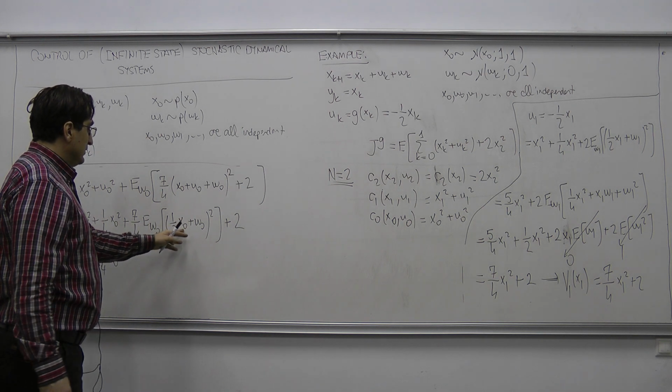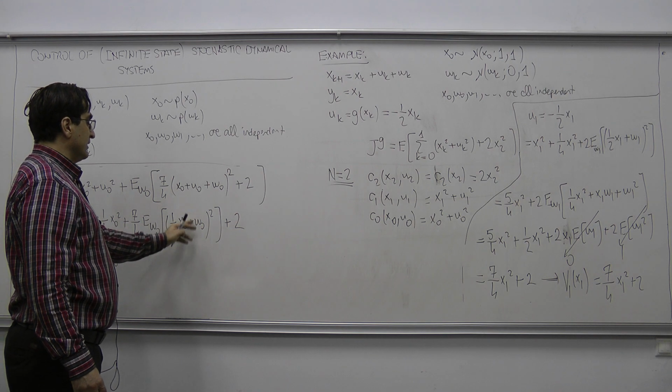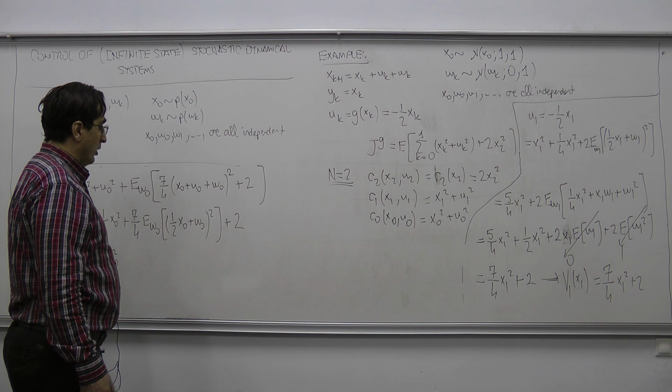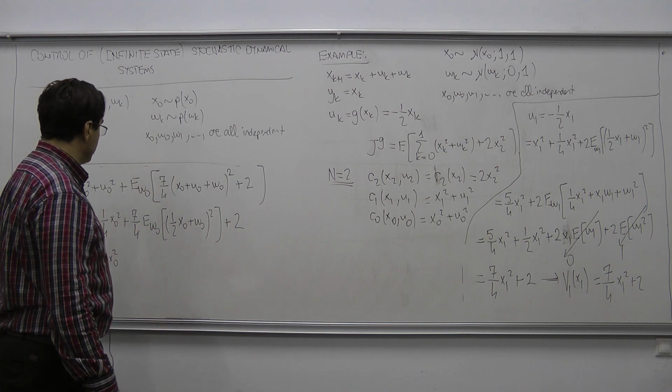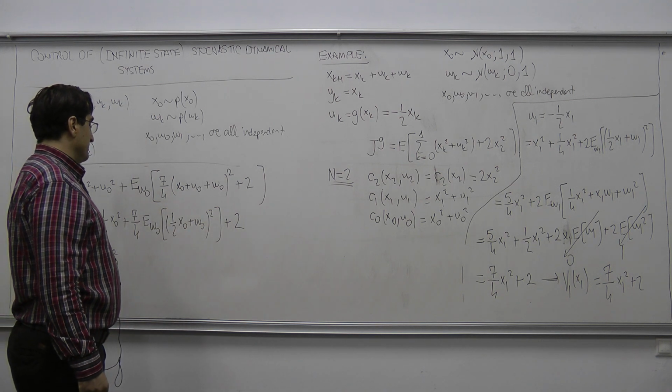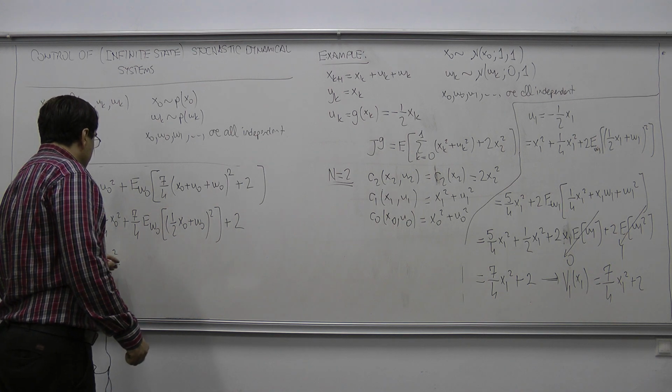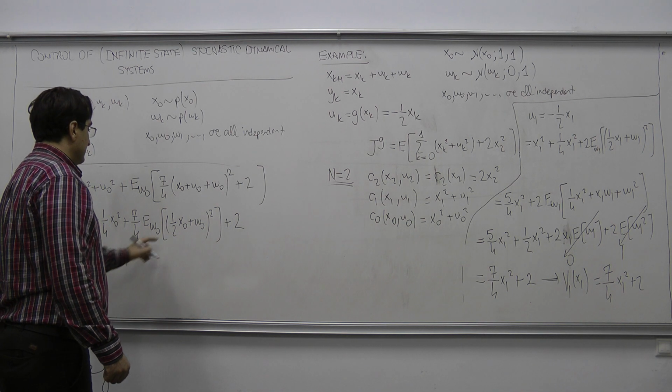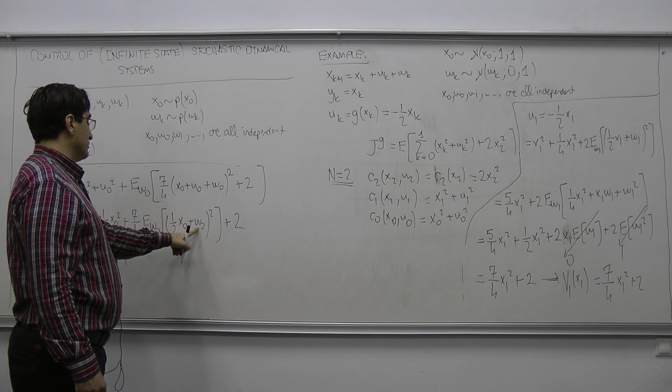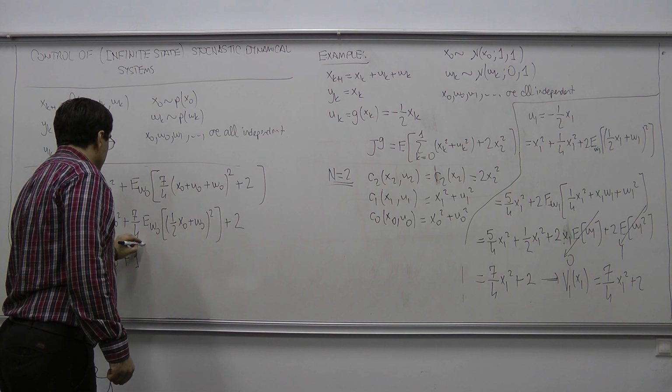Okay? But we know that it's going to necessitate taking the expected value of W0, which is exactly equal to 0. So there is no cross term here. And I would have the last term here, plus the expected value of W0 squared, which is 1.